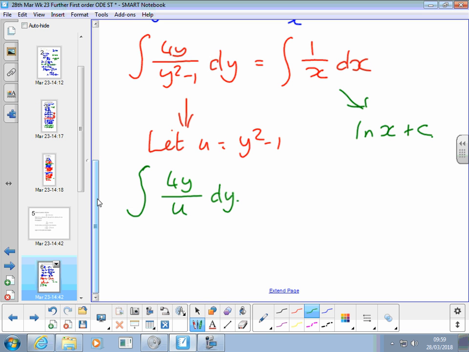You're rewriting this bit. You're saying you're going to write that as 4 over... How do you do that?